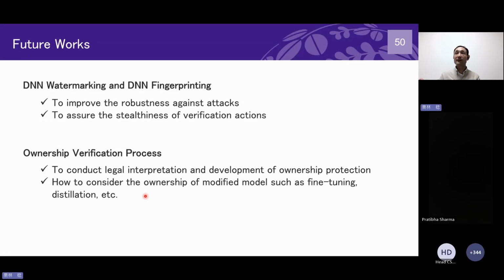It's not just an operation to embed a watermark or extract model-specific information. It also requires some framework for the verification of the ownership. In this sense, it's very complicated, but it's worthy of trying, worthy of investigating.